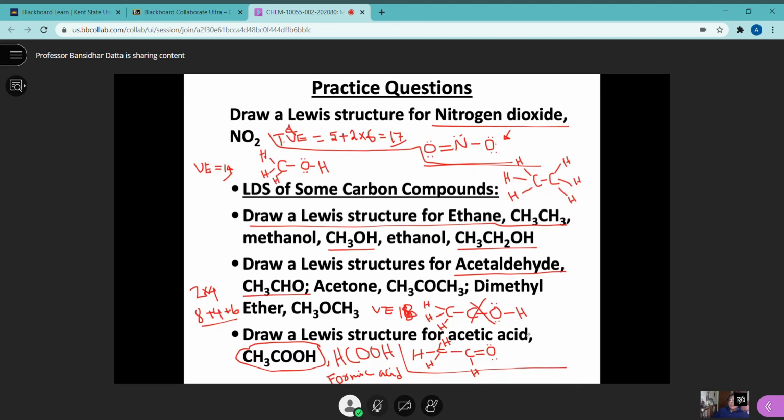And let's do the acetic acid. Can someone do the acetic acid for me? Do it and let me know. What's the Lewis dot structure of acetic acid?